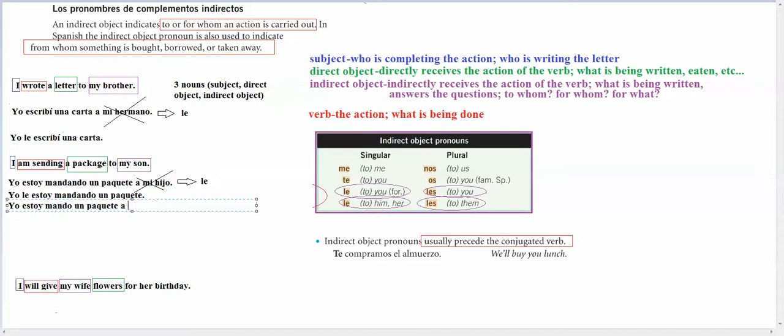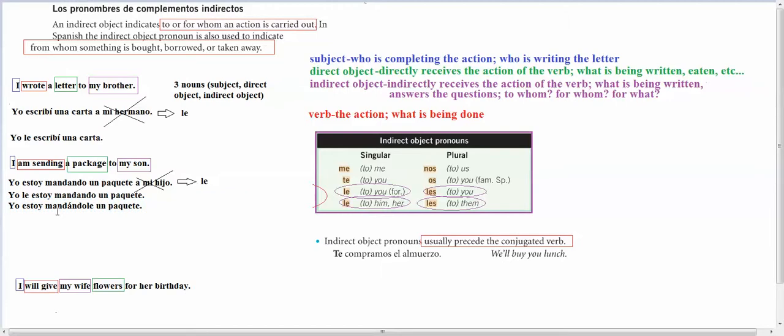We know we're getting rid of a mi hijo, we're making it le. You can stick it in front of your conjugated verb, your helping verb, estoy, or, and I didn't spell this right, you can attach it to mandando. So it can actually go attached here. Okay, yo estoy mandándole un paquete. So you could do either way. It can either go in front or it can go attached, however you feel more comfortable.